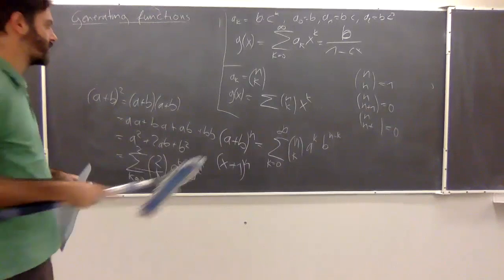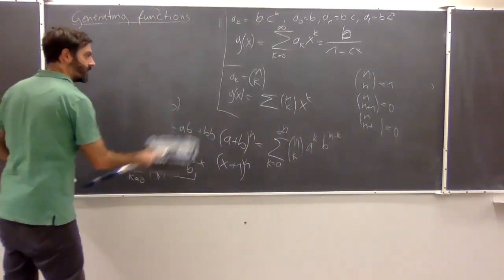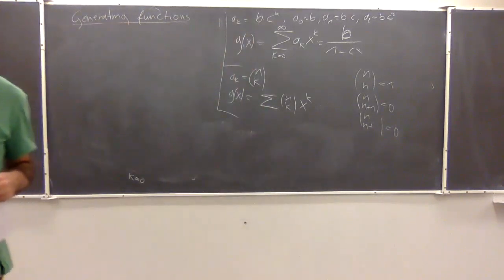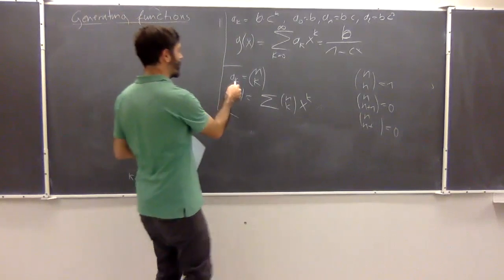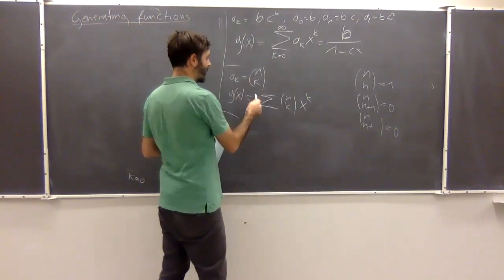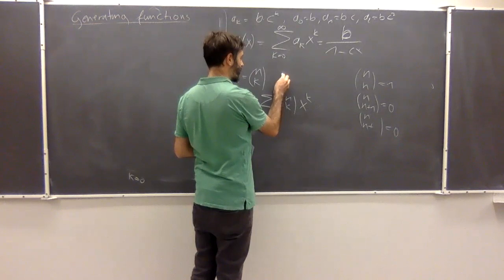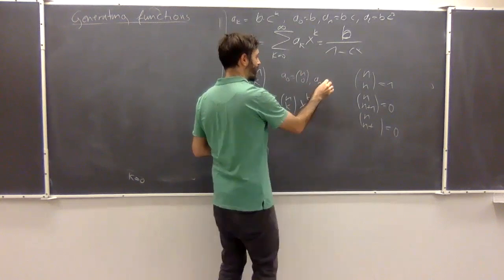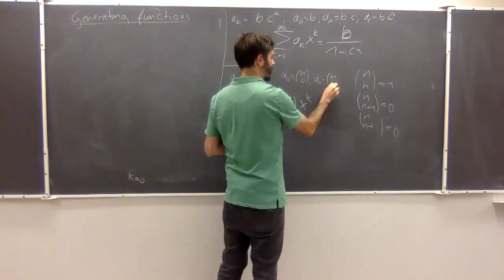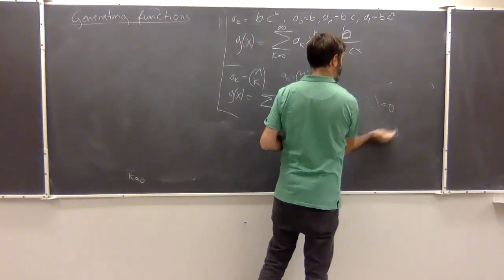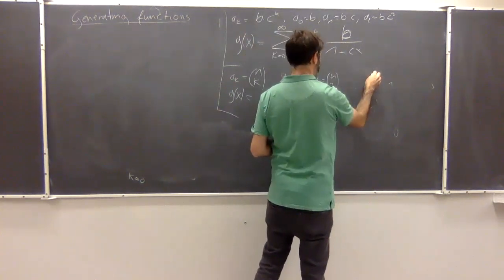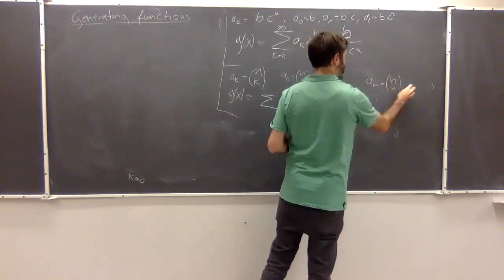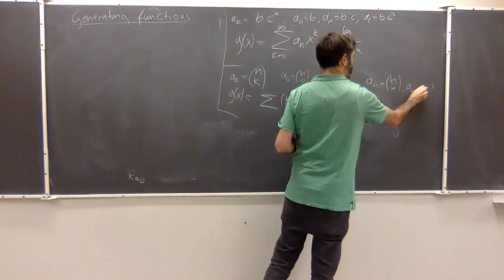So I have a second sequence here. Let's remove all this. And say that you can encode ak as n over k, or if you want to do this more slowly, then a0 is n over 0, a1 is n over 1, etc. Goes up to an being n over n, and then an plus 1 being 0.